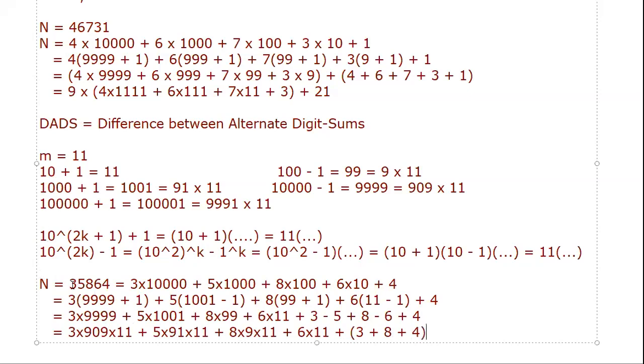which is, if you take the alternate digits, the sum of those, minus 5 plus 6, again the other alternate digits.